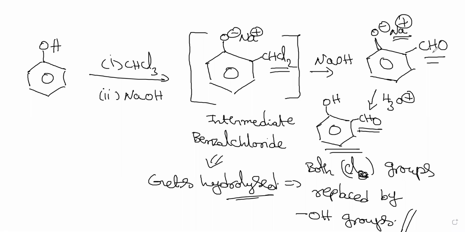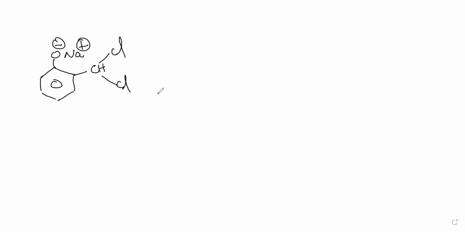Okay, next. So how exactly is this getting converted? Here you have this benzyl chloride, with two Cl, and again you have these OH minus ions coming.